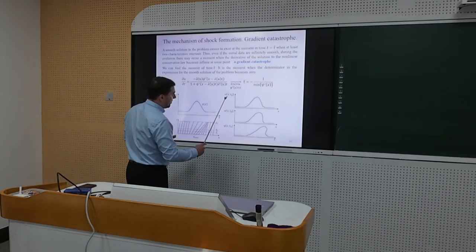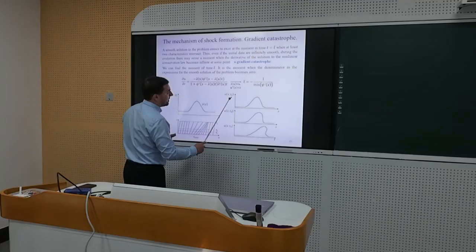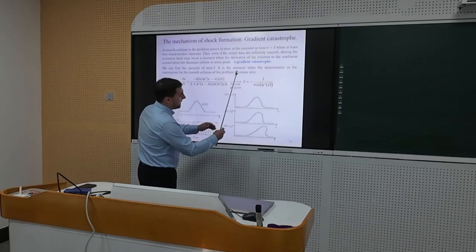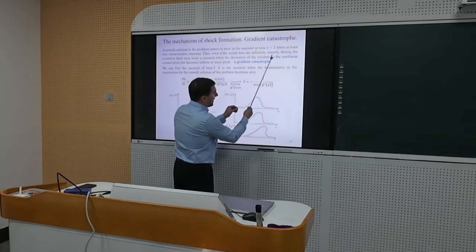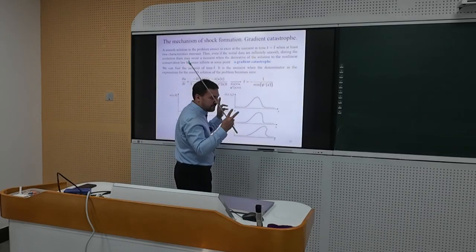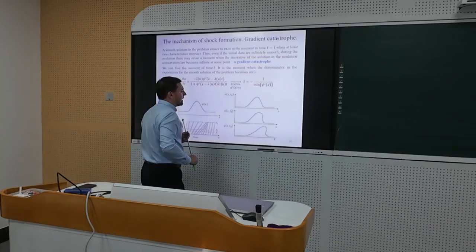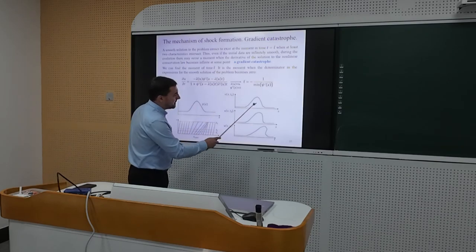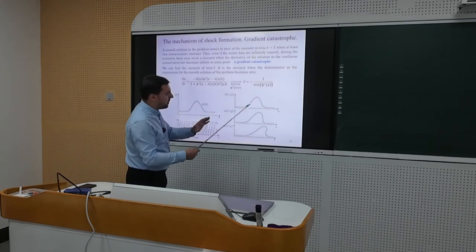It means that for some t1 value that is not too big, your profile will change in such a manner. Here you will have some stretching of the profile, like an expansion wave, and here you can get the sharpening of your front. So this is the behavior of the formation of a shock wave.